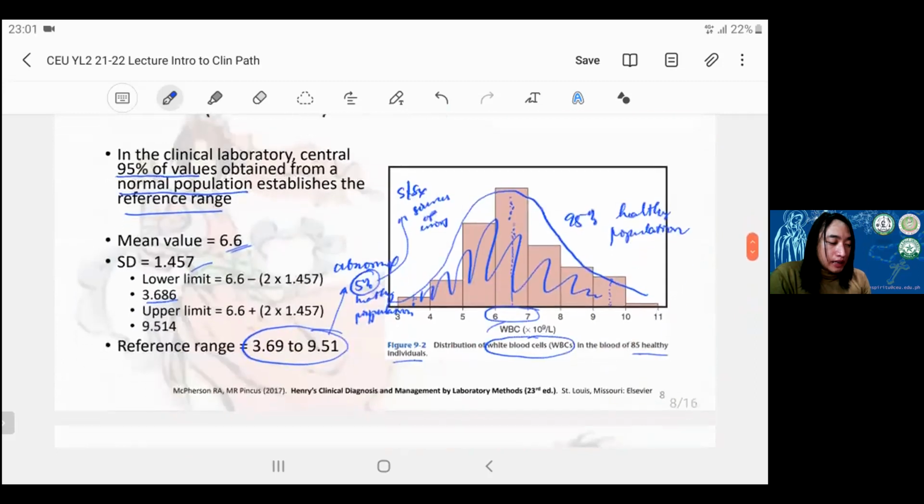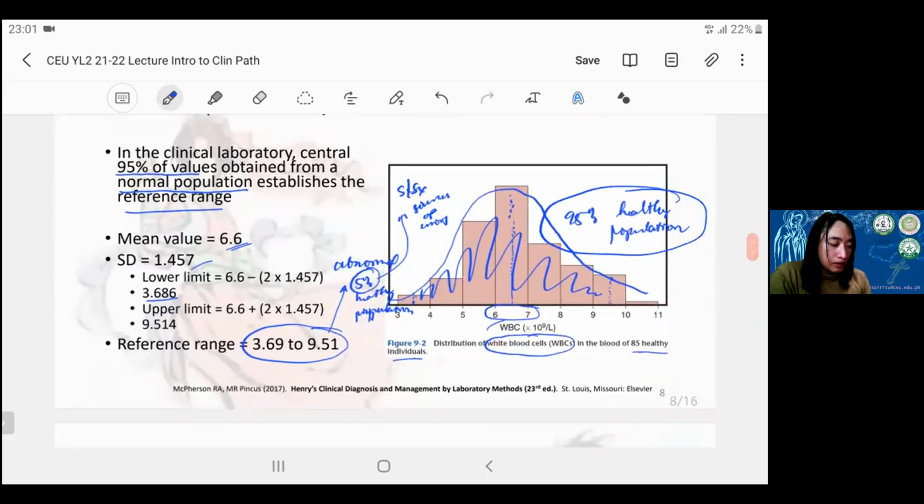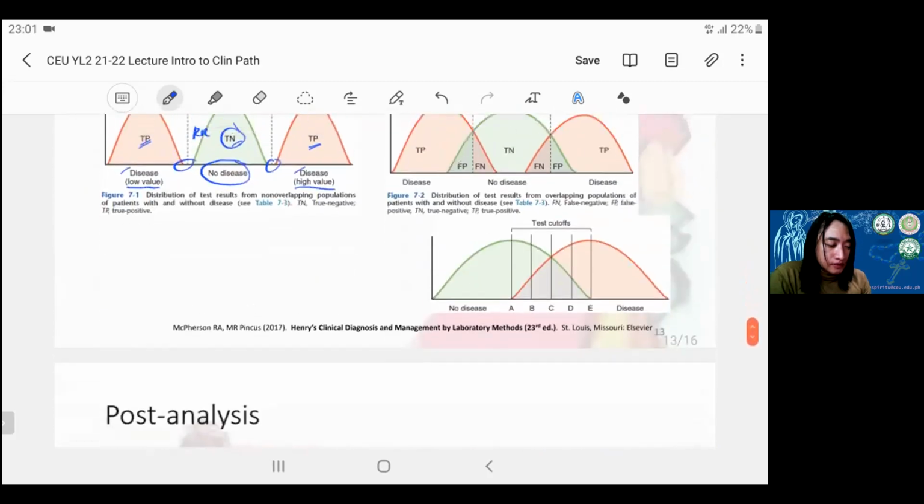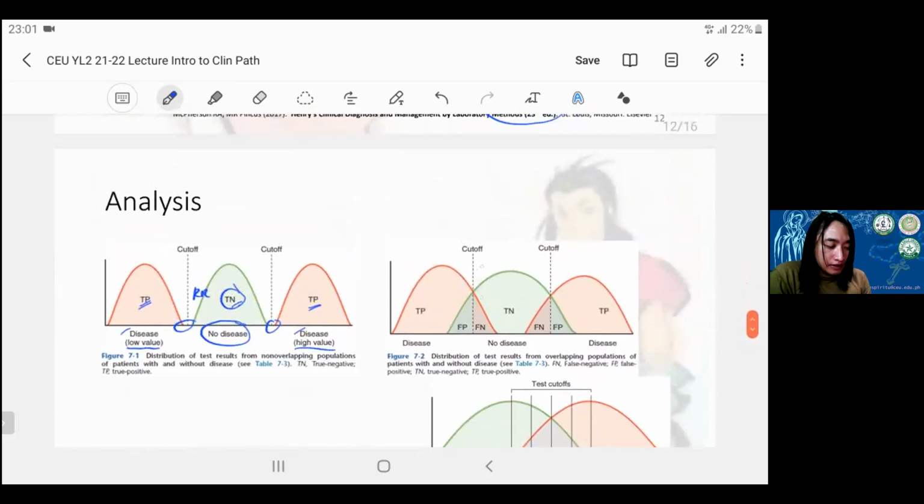Again, we are only looking at 95%. When we say reference range, we're only looking at the 95% of the healthy population. And there's a chance that 5% of these healthy population would have a value that is out of these reference ranges. So here you have the 95% normal population. And then this would be the false positive, which is actually the 5% of your healthy population.